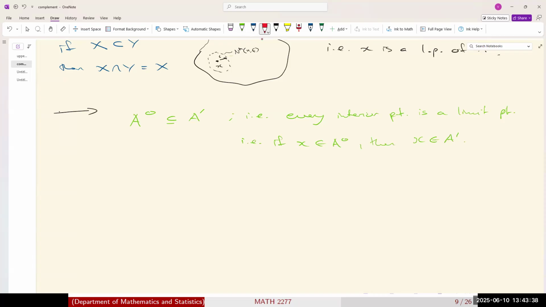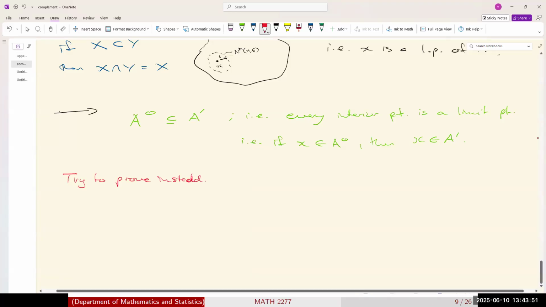What I'm saying is, try to prove instead the contrapositive. That whole proof was to prove this result, so try to prove the contrapositive instead.